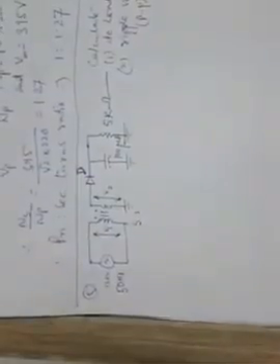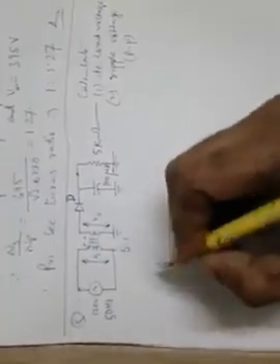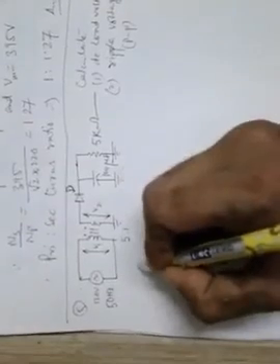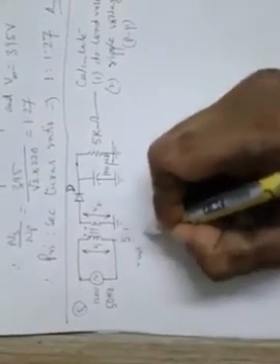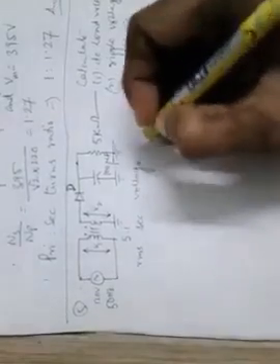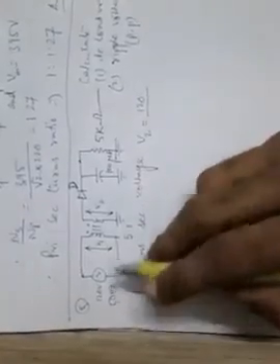Now this is a half wave rectifier circuit. The RMS secondary voltage V2 is to be found from the 120 volt given at its input, and 5:1 is the ratio, so 120 by 5, that is 24 volt. Very simple.